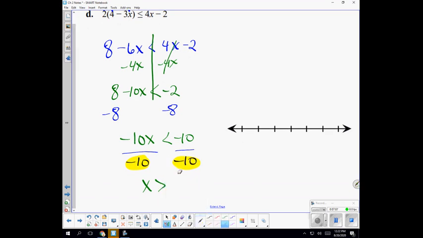And that gives me x is greater than 1. So on my number line, it's greater than, so I'm going to put an open circle at 1, and it's going to be greater than or larger than, so I'm going to be going in this direction. Okay, there you go.